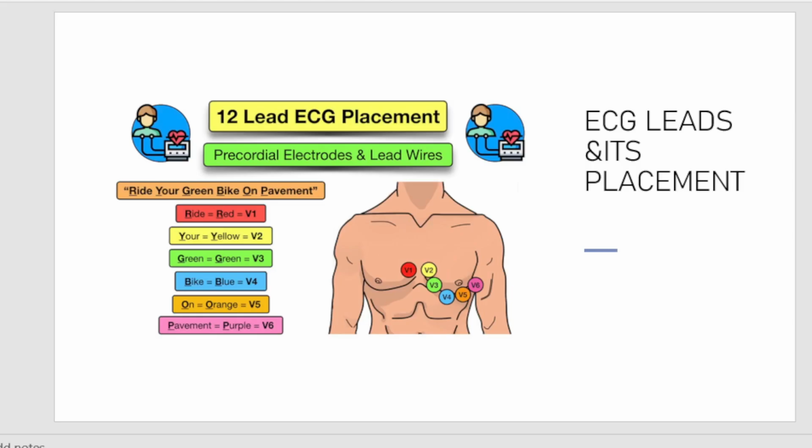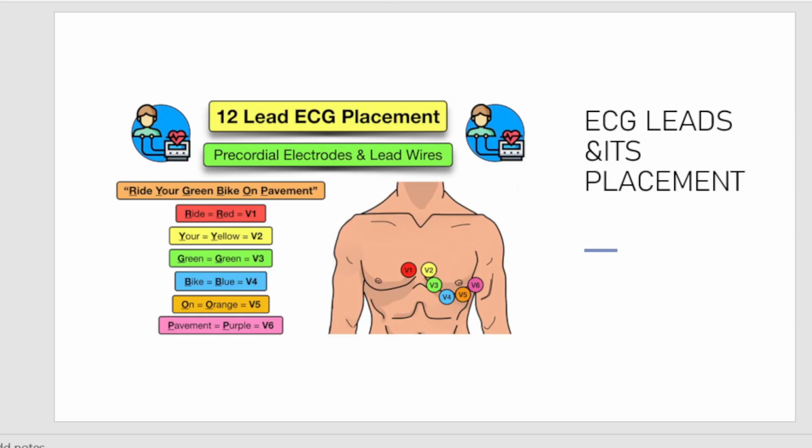Next, coming to the normal ECG values. In that, you have to know the interval of the P wave, the PR interval, the QRS complex, the QT interval and the ST segment. We have to learn each value because nowadays they ask for the duration of the P wave, the duration of the PR interval, like that. So what is the duration of the P wave? It is about 0.06 to 0.12 seconds.